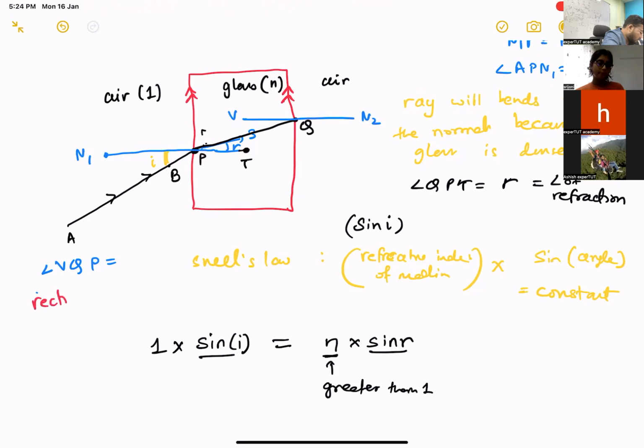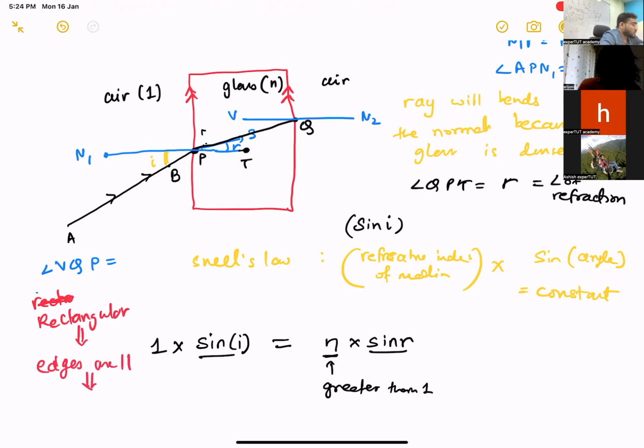Because the slab is rectangular in shape, its edges are parallel lines, and therefore the normals are parallel to each other. The normal at the first interface, n1, and the normal at the second interface are parallel. So n1 is parallel to n2.